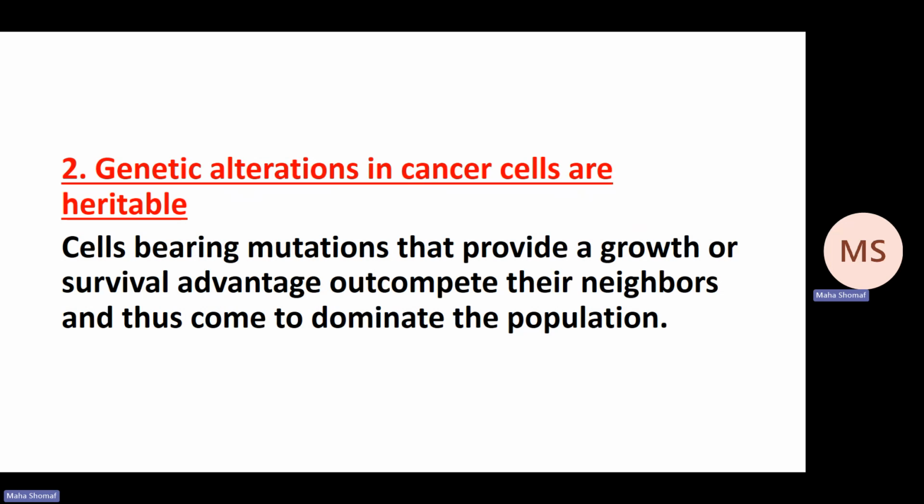Tumor cells, all cells that are transformed, acquire some gene mutation. However, with the progression of the tumor, more gene mutations will be acquired, enabling the tumor cells to continue with growth and proliferation, or to increase their survival, or to induce some changes in the surrounding in order to support their survival.